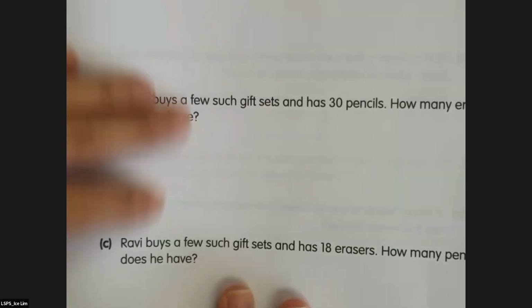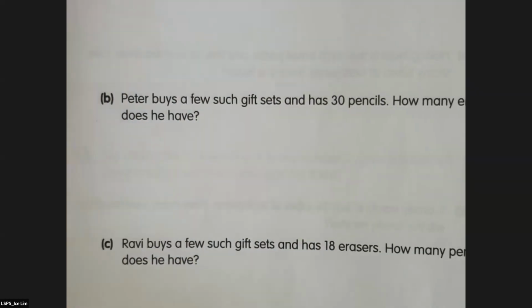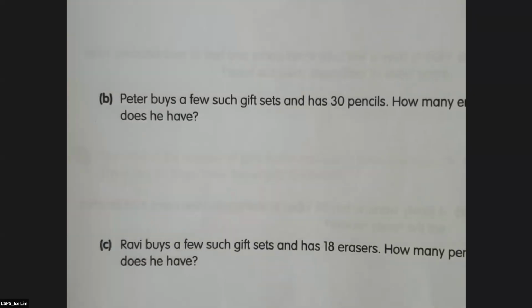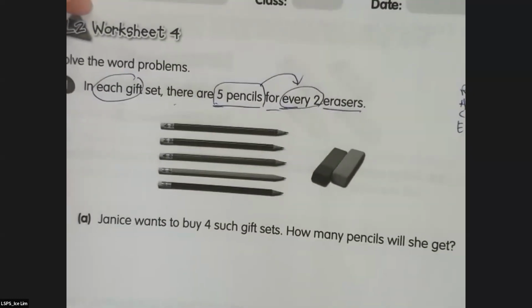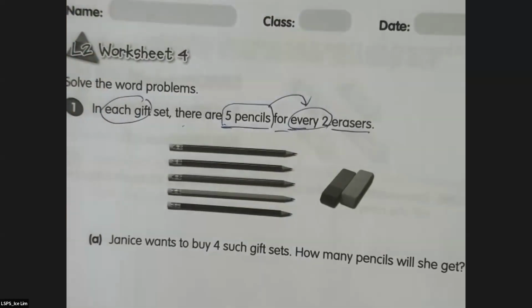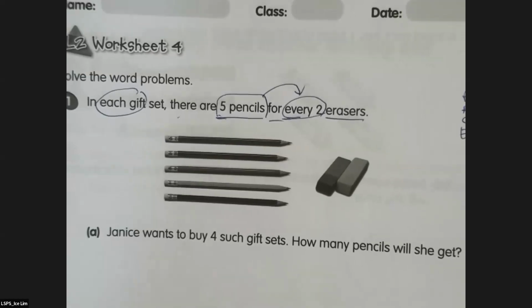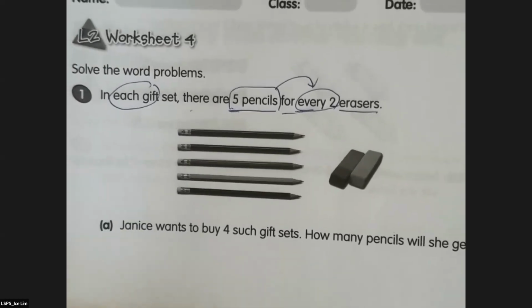Can you find ratio? Do you see the word ratio? Not at all. Do you see number to something? Also not at all. Then how are you going to know that these questions got to do with ratio?